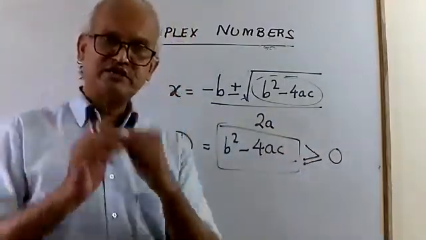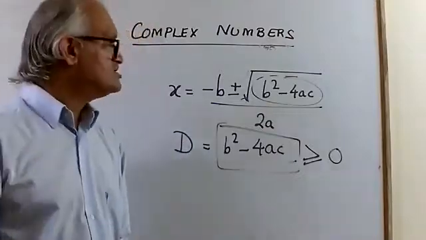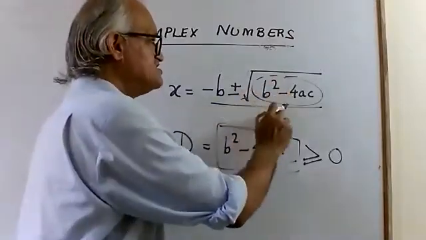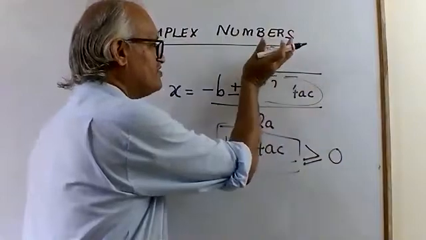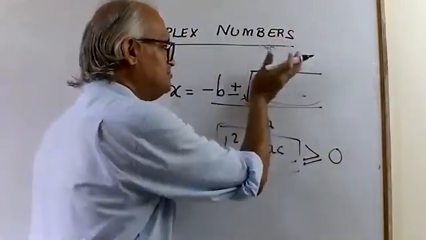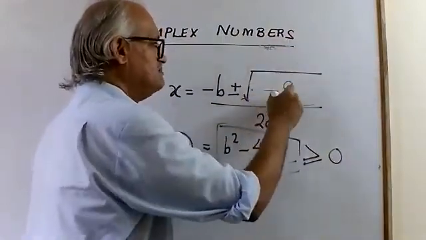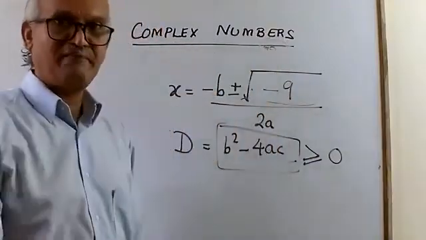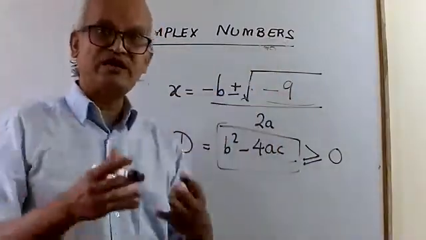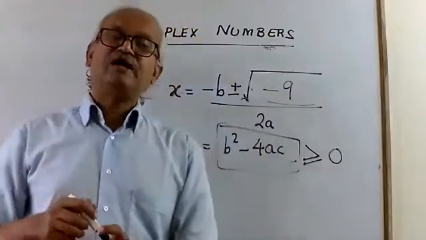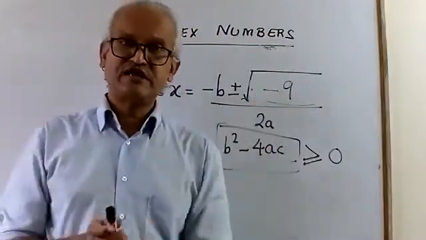Now, why was this condition introduced? Simply because if this is less than 0, then this part will be negative, so you will get something like minus 9 under this, the way we took some time back, for which there is no real solution possible. And so you can refer to your 10th standard books again.